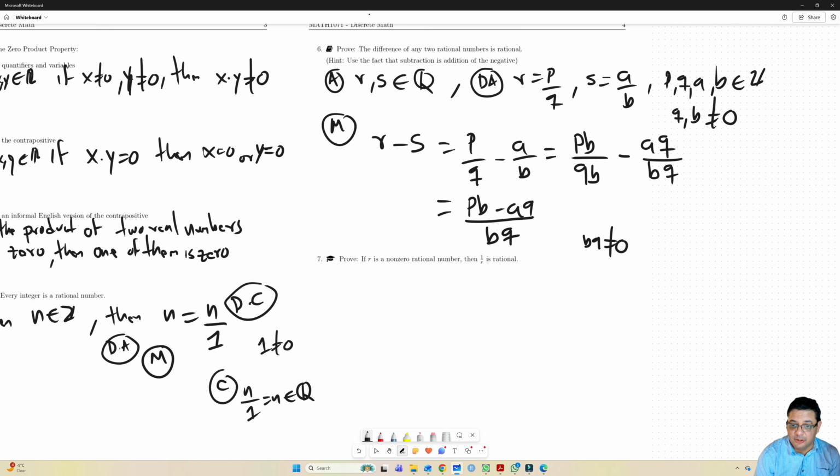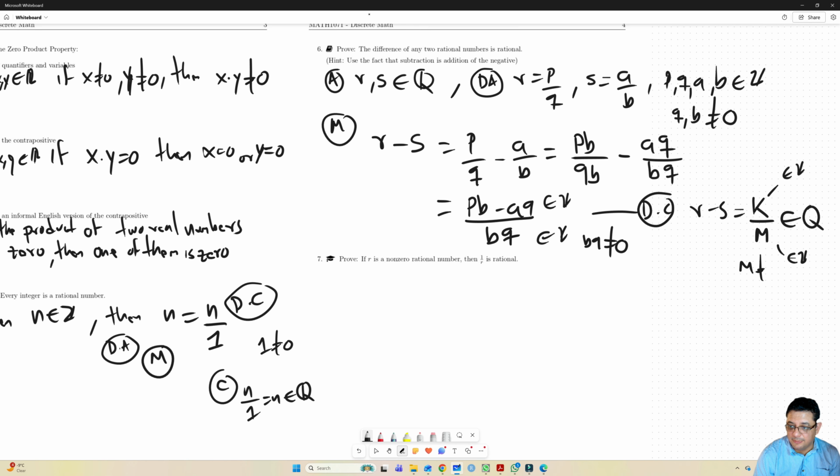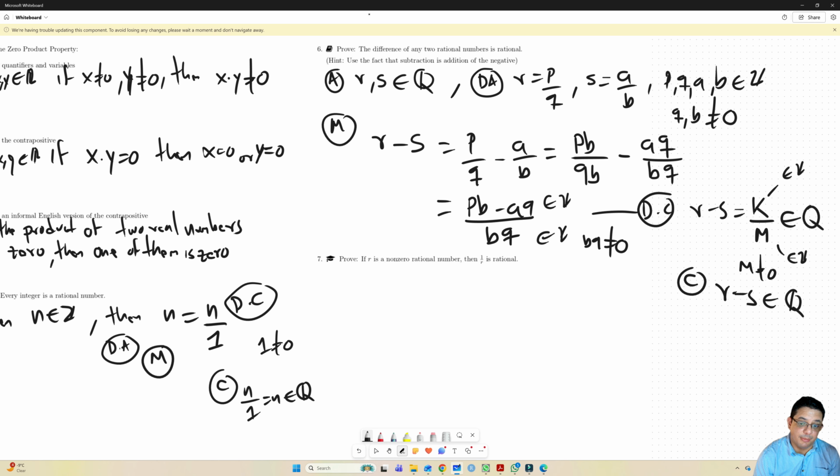And because these are integers here and integers here, then this is going to be the definition of the conclusion that r minus s is just going to be a fraction of k over m that belongs to the rationals, where both this is an integer and an integer, and this integer is different from 0. So as a conclusion, r minus s belongs to the rational numbers.